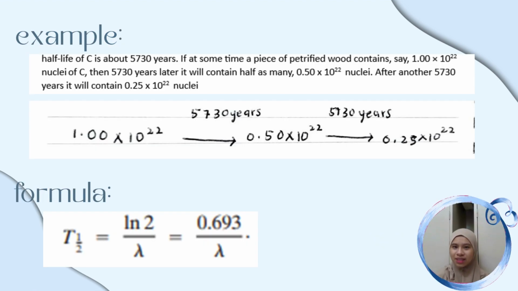For example, the half-life of carbon is about 5,730 years. Let's say a sample contains 1.00 times 10 to the power of 22 nuclei. After 5,730 years, it will contain 0.5 times 10 to the power of 22.